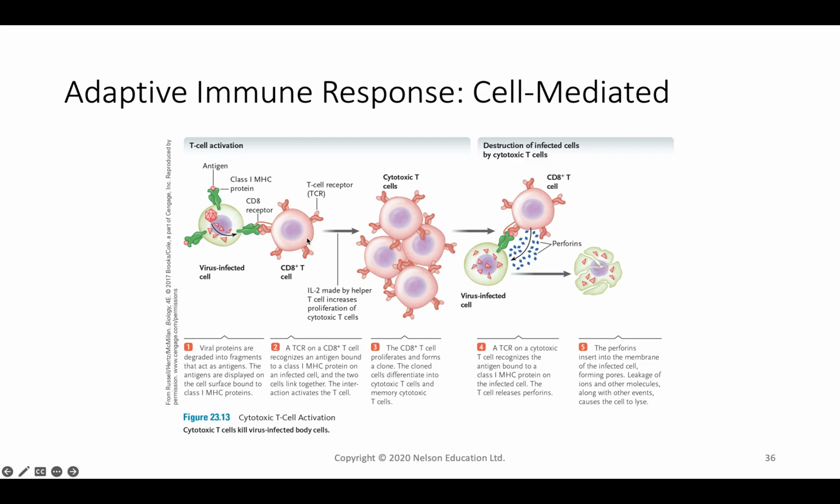Then the T cells are going to do a couple of things. One, they're going to proliferate, so we're going to make a lot of them, a bunch of clones. One of them is going to become a memory cell that we can utilize later. The others are going to go out and become the foot soldiers, where they can actually attack any cells that are infected by this virus.